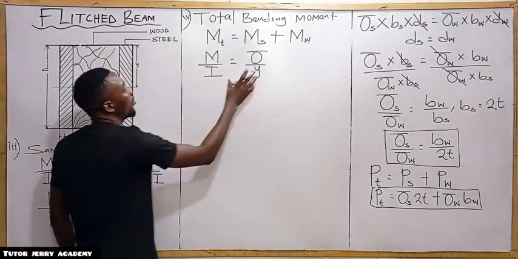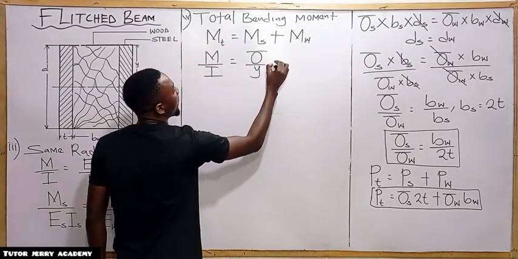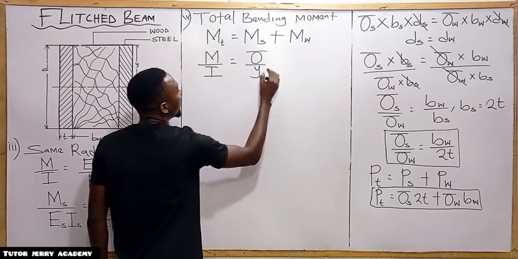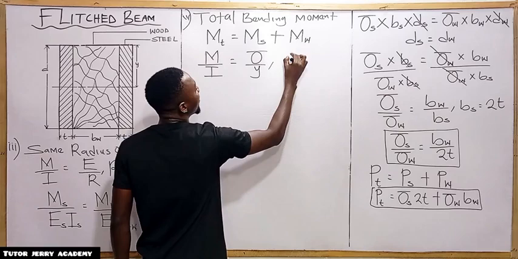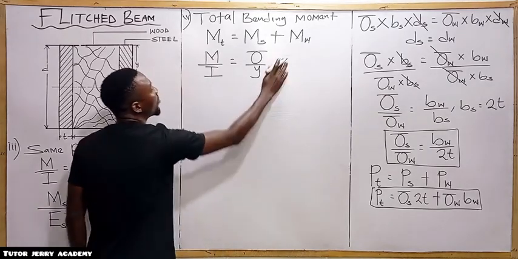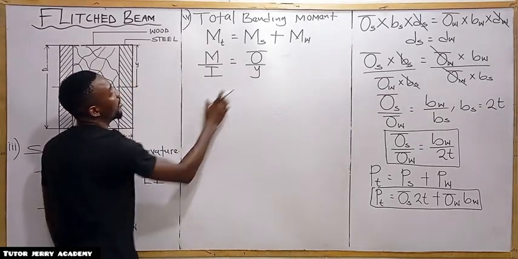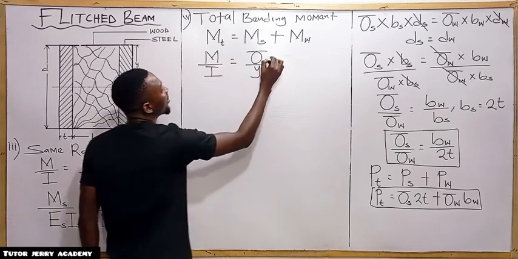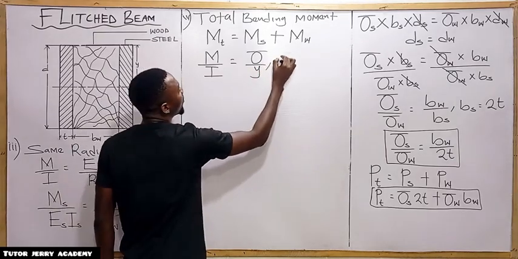Let's say our Z, you know our Z, but I don't want to write a lot of notes here, just want to go straight to the point. Let's make our M the subject.